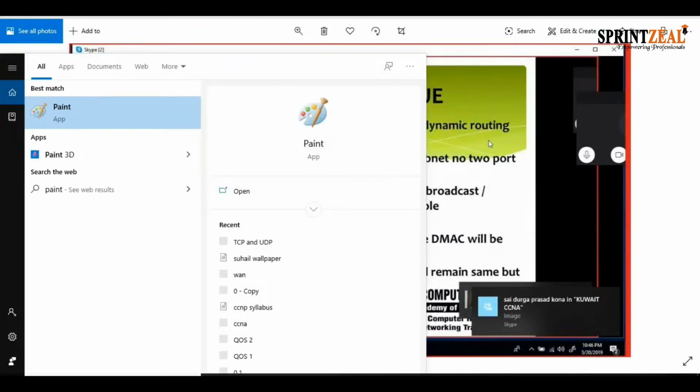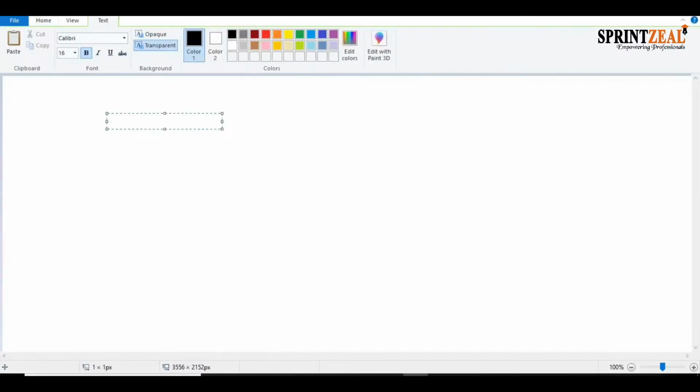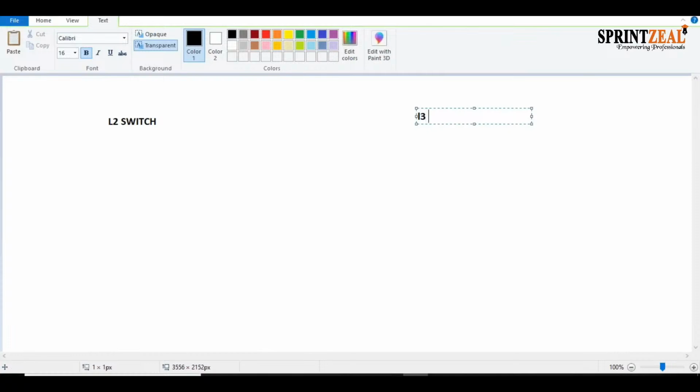Now, what is the difference between L2 and L3? You can also write it down in your book as well. Okay, I'm writing it. L2 switch, L3 switch.